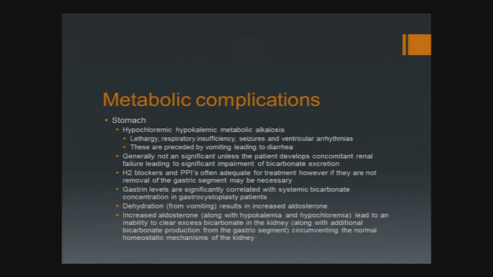So H2 blockers and PPIs are often adequate to prevent some of these. However, if it's unable to treat the metabolic complications, then removal of the gastric segment may need to be performed. And gastrin levels will play a great role in the amount and significance of these metabolic complications.